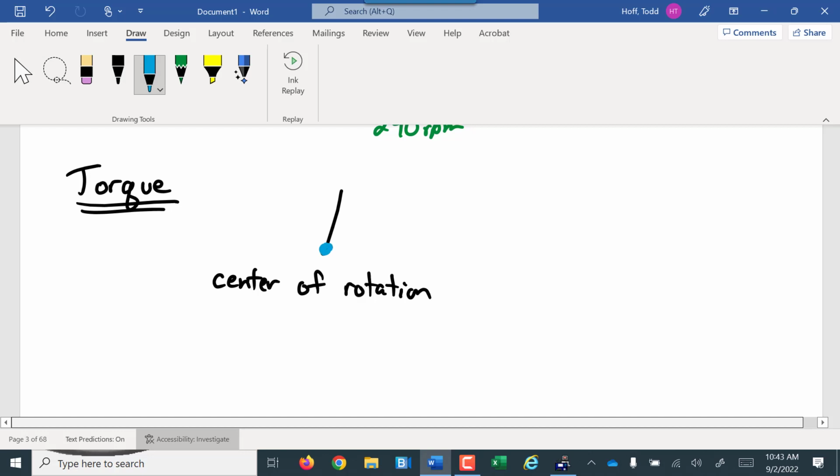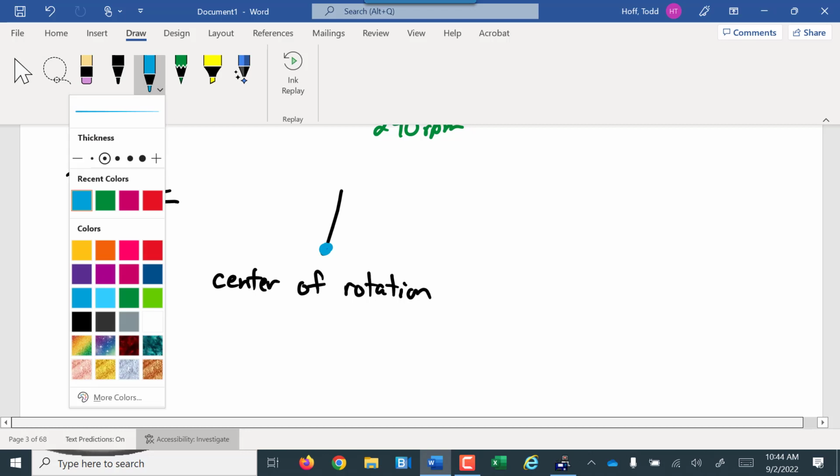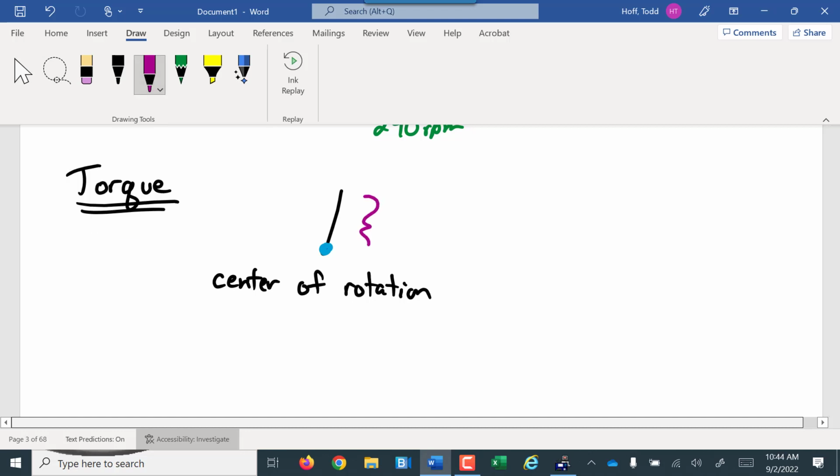For a pulley, that would be the center of the shaft that the pulley is on. And then we have, depending on the textbook, what they call a torque arm or a moment arm. I'm used to calling it a moment arm. I believe your textbook calls it a torque arm or whatever, but same thing.